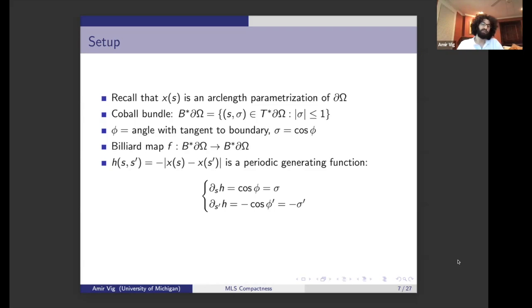And if you differentiate in the second variable, you get minus the second angle. So this generating function actually contains all of the information that we need to describe the billiard dynamics. Okay, so here's a way of writing it more geometrically. The billiard map sends (s, first derivative) to (s', second derivative), or derivative in the second variable. Okay, so this is a generating function in the sense of symplectic geometry or dynamics.